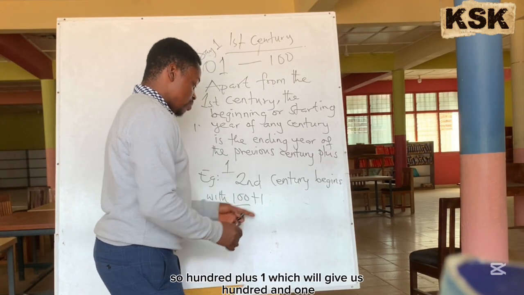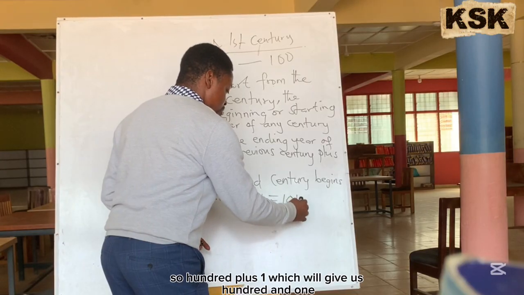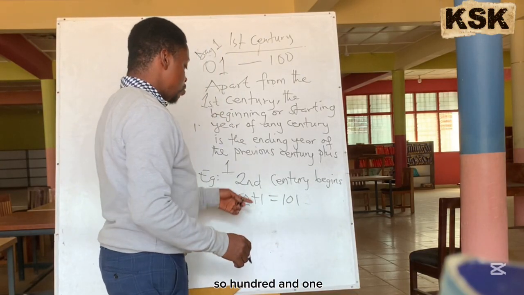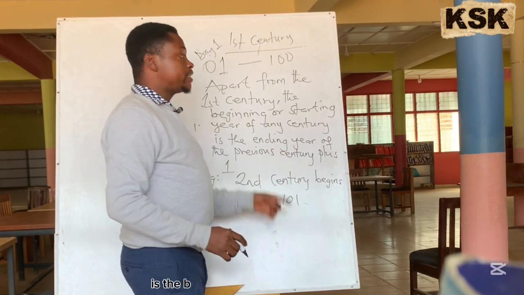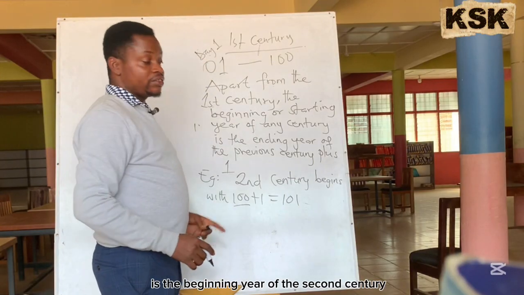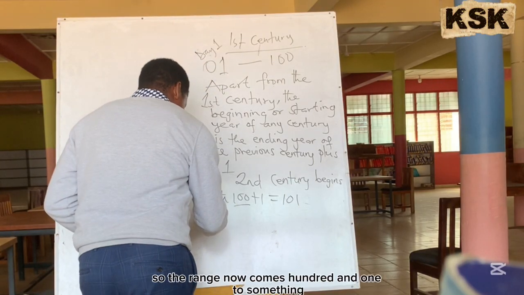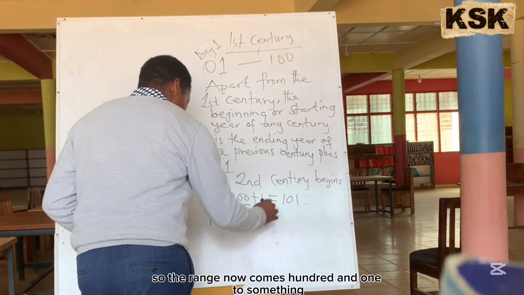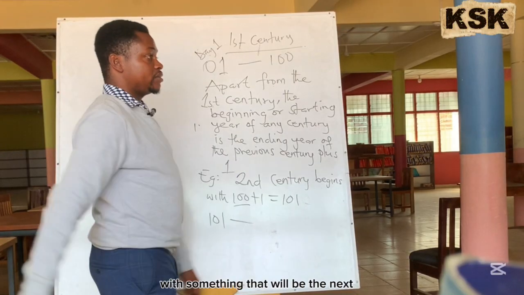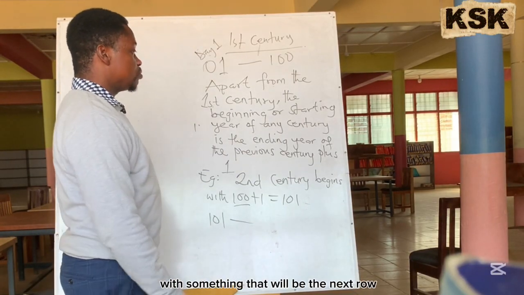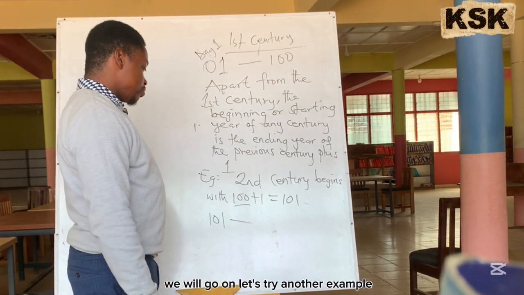So 100 plus 1 will give us 101. So 101 is the beginning year of the second century. So the range now comes 101 to something. That will be the next rule we will go on.